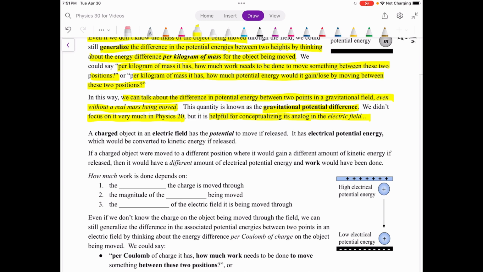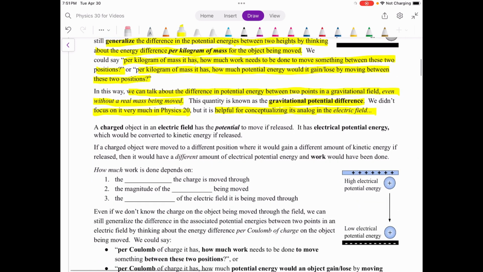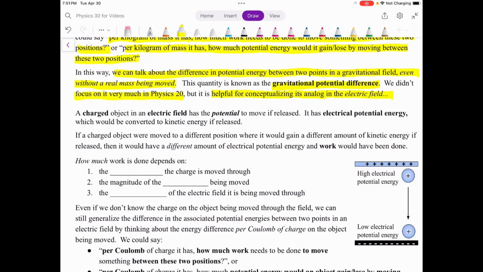Okay, so now notice how similar the ideas are. We said that a massive object in a gravitational field has the potential to move if dropped. It has gravitational potential energy. Well, guess what? A charged object in an electric field has the potential to move if released. It has electrical potential energy.